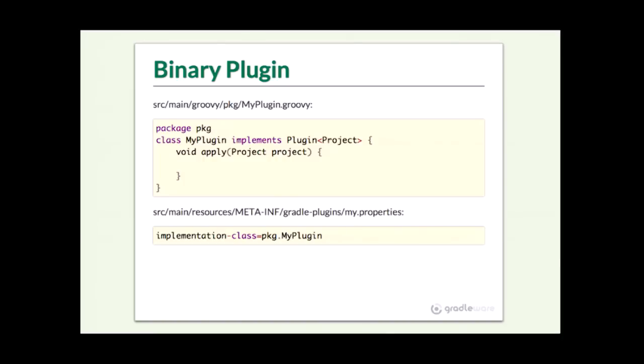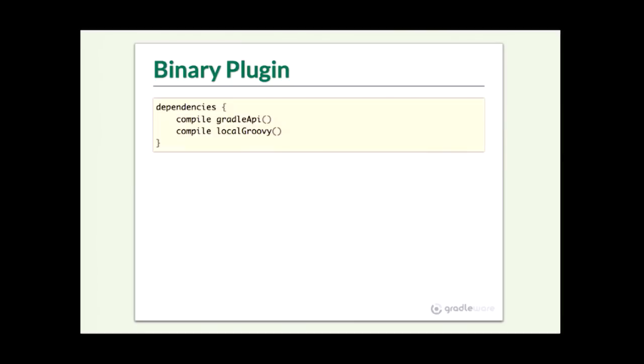And then also in that same jar, I need this descriptor file. It has one thing in there: if somebody wants this plugin, and the ID is derived from this file name here, if somebody asks for that plugin, this is the implementation. And Gradle will take care of finding that class, instantiating it, and away we go from there.